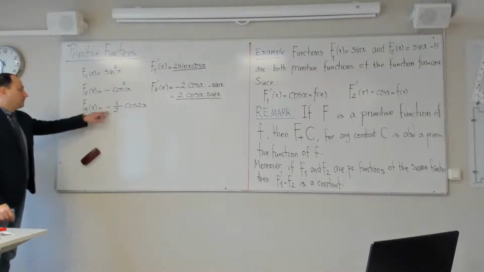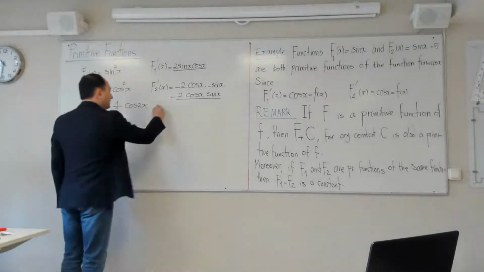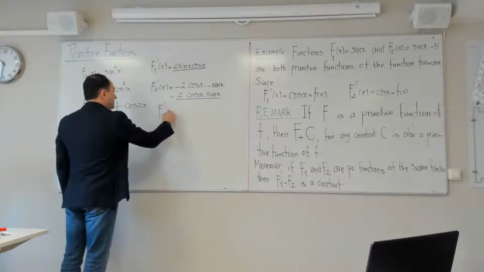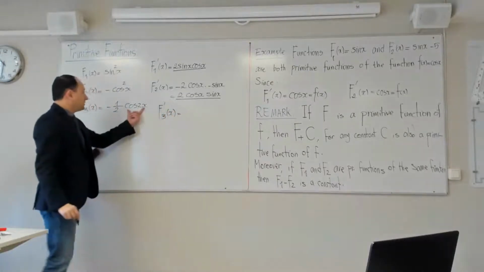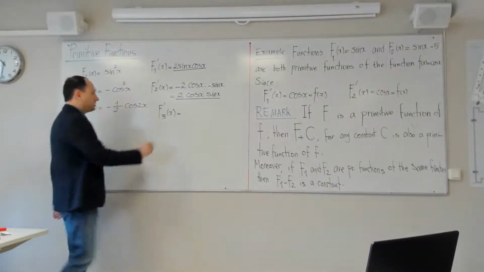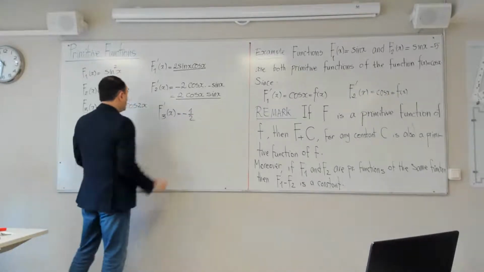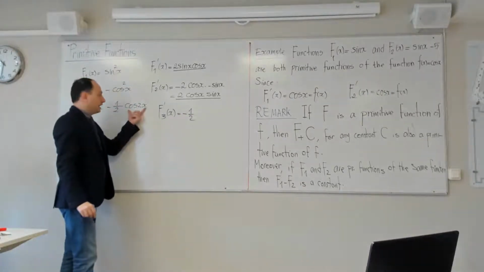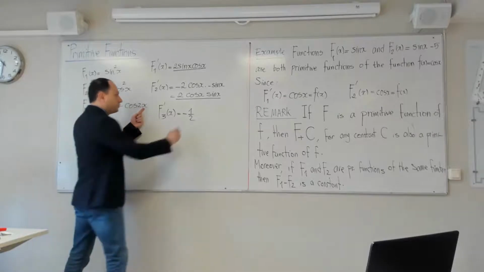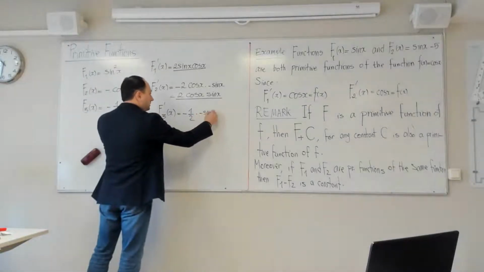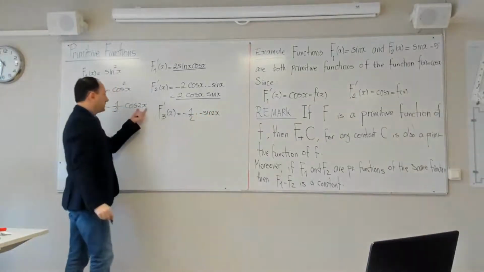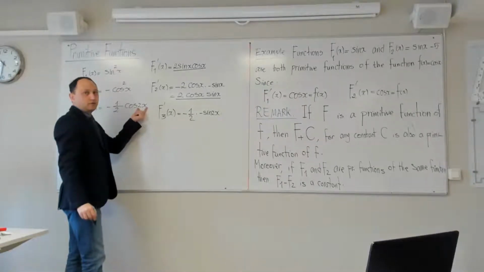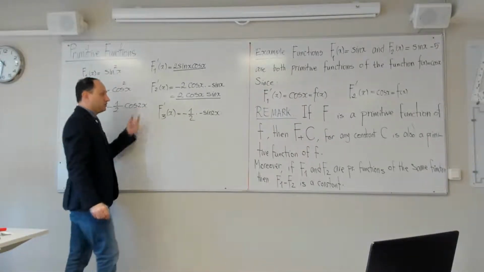And then let me take the derivative of this function. F prime of 3x. Again, this is a chain rule. Minus a half is there. The derivative of cosine 2x is negative sine 2x, but multiplied because of the chain rule by the derivative of this angle, which is 2.